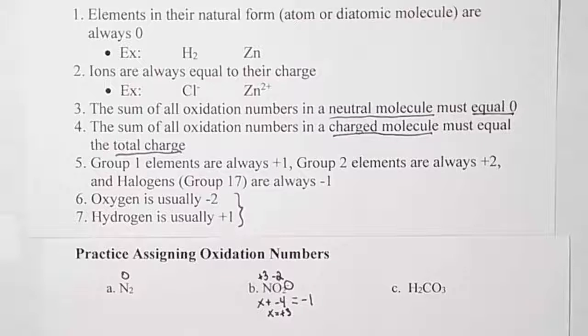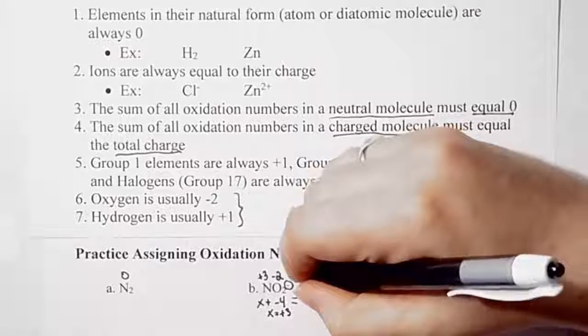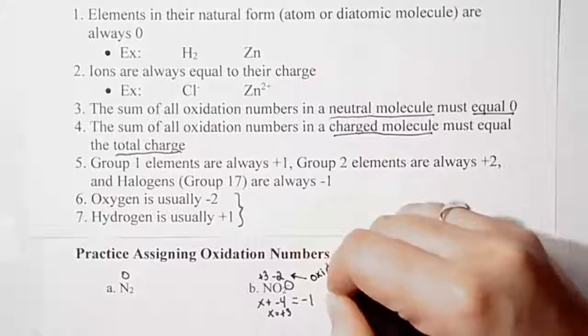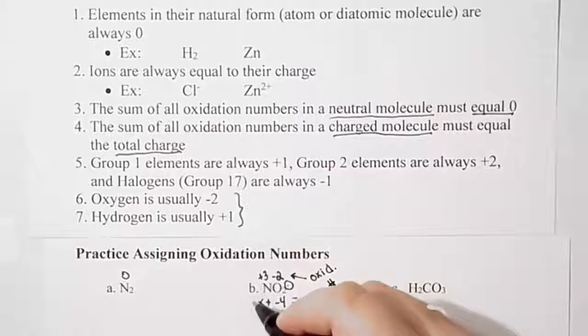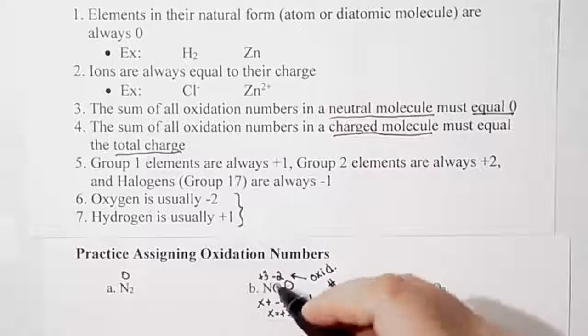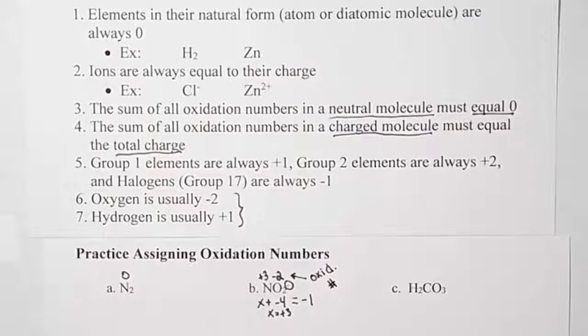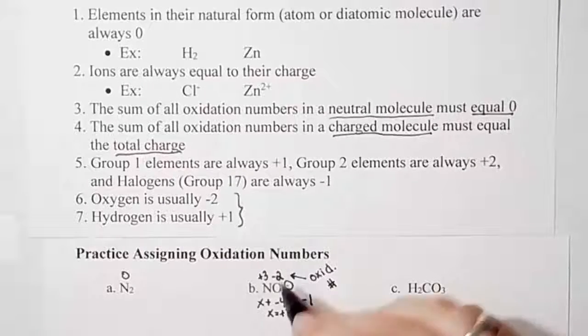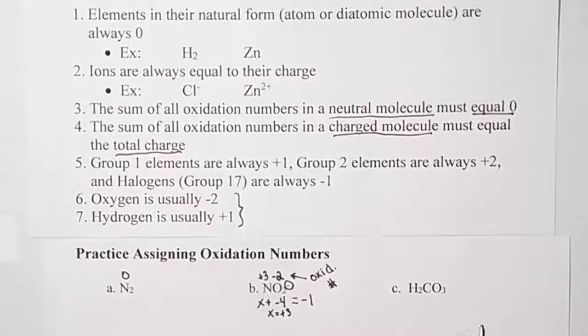Okay. Now please note, these values up here are not oxidation numbers. These are just the total values used to calculate the oxidation numbers. When it asks you for the oxidation number of the oxygen, you wouldn't say -4, you would say -2. Alright, in this next molecule, this is a neutral molecule.